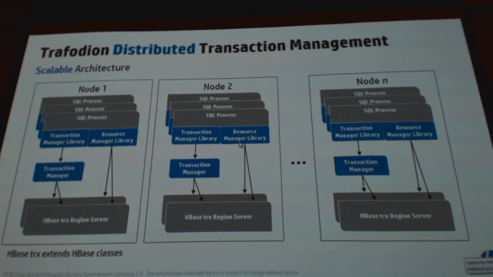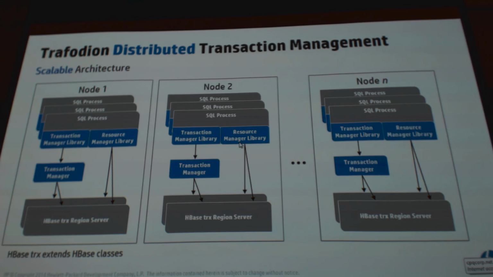So you can have multiple SQL processes on any node, and they can participate and create and start multiple transactions. They can participate in the same transaction, potentially. So for instance, when you start a huge insert and you're distributing it through the ESPs, each of the ESPs that are running can participate in the same transaction as the master.